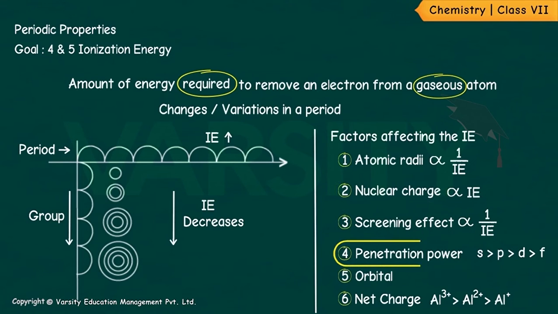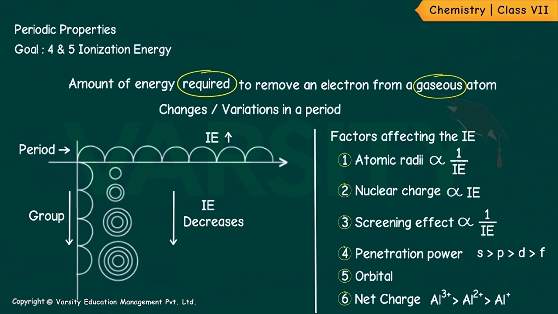Then coming to penetration power. As we know, the s orbital is closer to the nucleus. So the distance between the nucleus and the orbitals is very important. Therefore, the order is like this: s requires more ionization energy than p orbital.